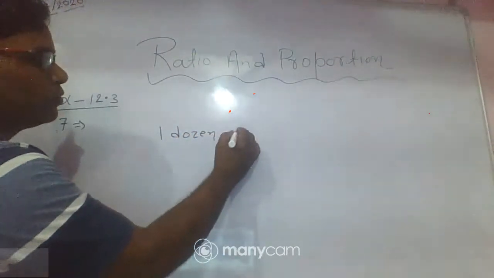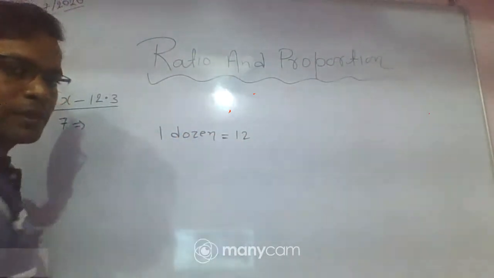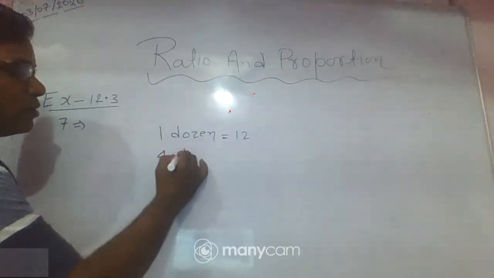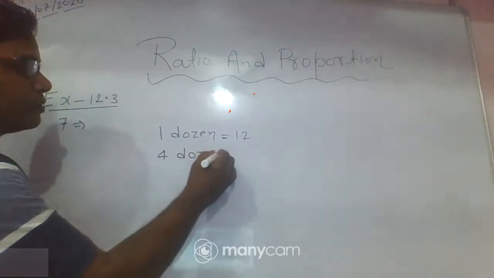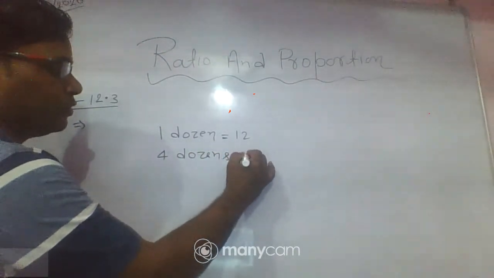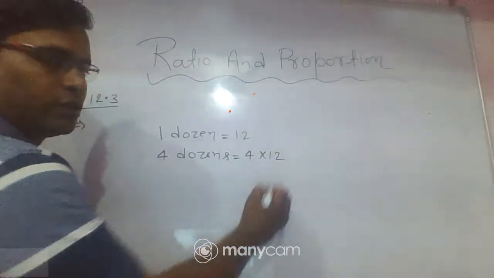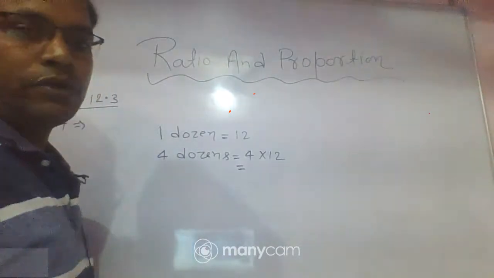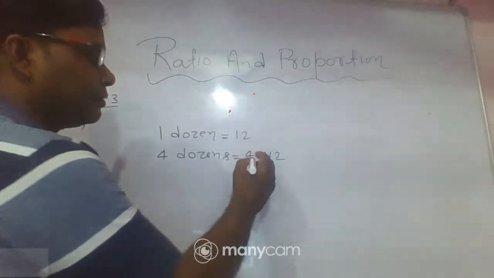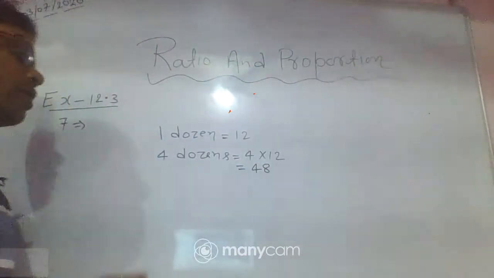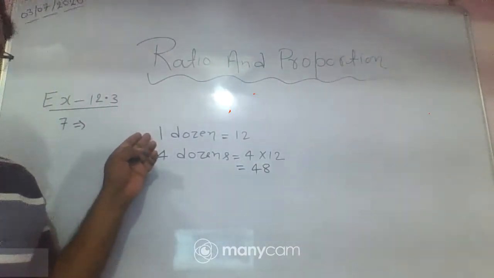So here you know 1 dozen is equal to 12. Okay, so we have 4 dozen bananas. 4 dozen bananas is equal to 4 into 12. This becomes 48.